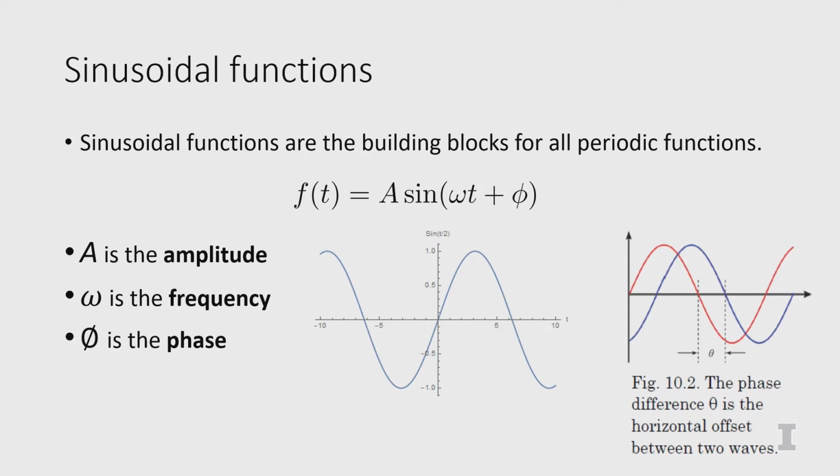So this omega here, which looks kind of like a W, this is called the frequency. Okay? And what the frequency tells you, this is a really important quantity. This is telling you how many repetitions you're making, or how many cycles you're making per second. So if you look here, here's t.